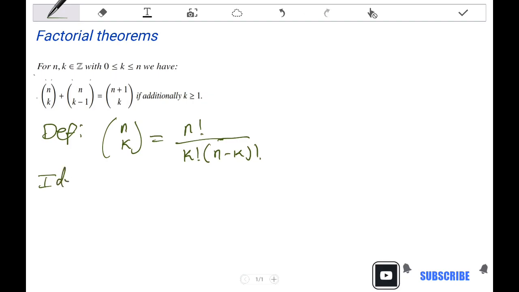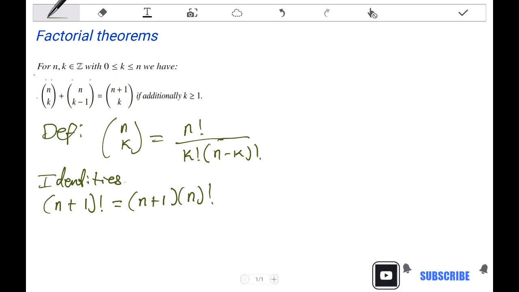So the identities. The first identity is (n plus 1) factorial equals (n plus 1) multiplied by n factorial.